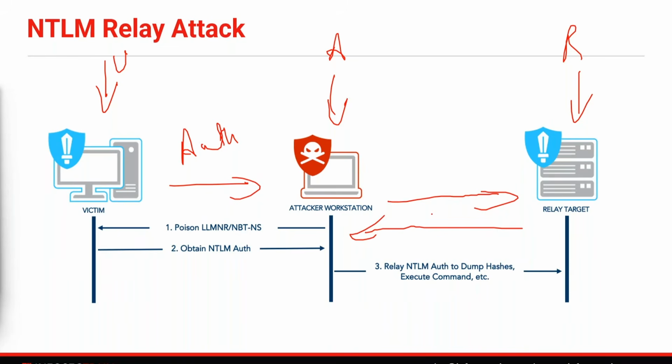The resource will ask for authentication. It will send back: okay, do one thing. This is X. Encrypt this X with the hash of your password. So the user will encrypt it and send that message to the target. The attacker is sitting in between and will forward it to the target. Then the target will reply back.